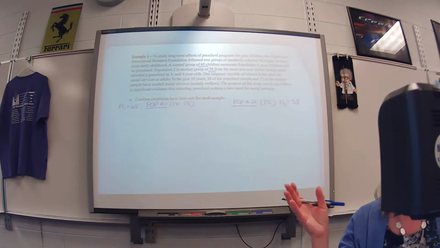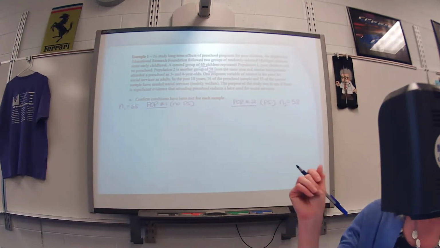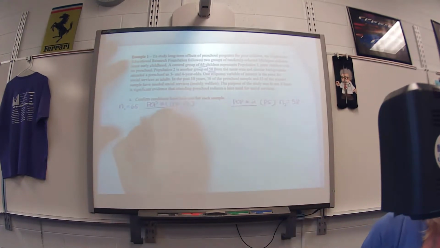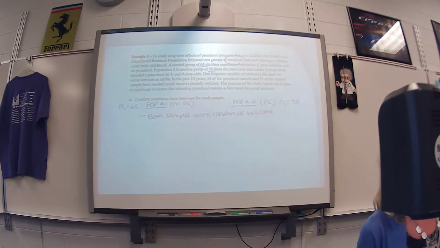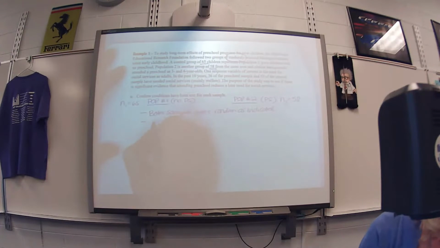We got to do conditions for all of these. Okay, so both samples were random as indicated. So I kind of stretch it across, but I make sure I address both of them. All right, let's do my 10% condition. 10 times my n size here.